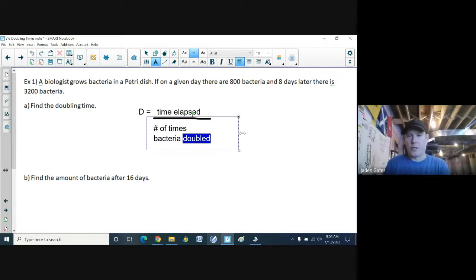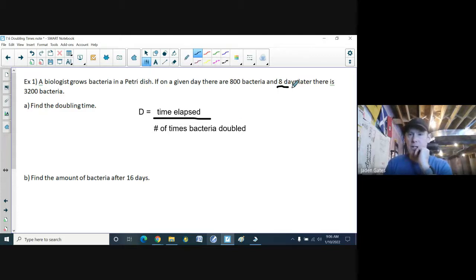Now, the time elapsed is right here. It's 8 days. Nothing to it. But how many times did it double? That's what I need to figure out. So over here on the left in blue, I have started off with 800 bacteria.